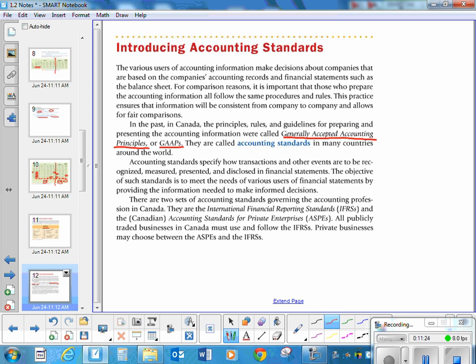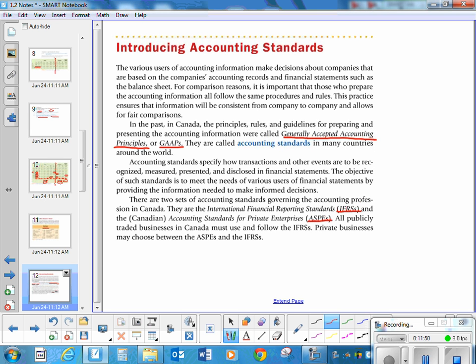There are two sets of accounting standards that accountants in Canada follow. One is called the IFRS, which is the International Financial Reporting Standards, and the other one is the ASPE, which is Accounting Standards for Private Enterprises. All publicly traded businesses in Canada must use and follow the IFRS.